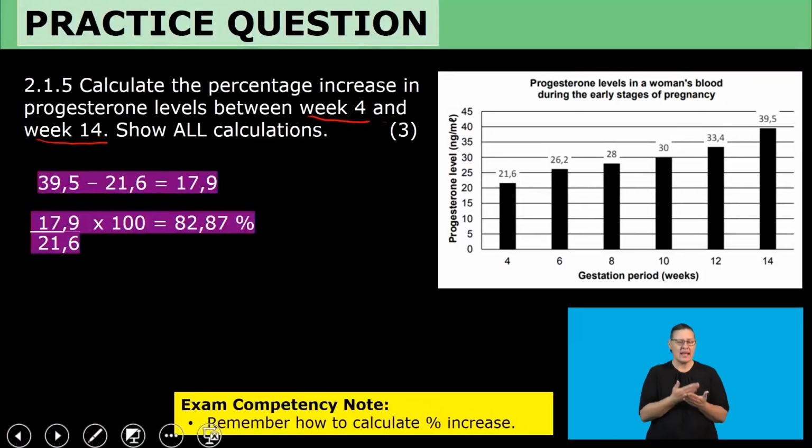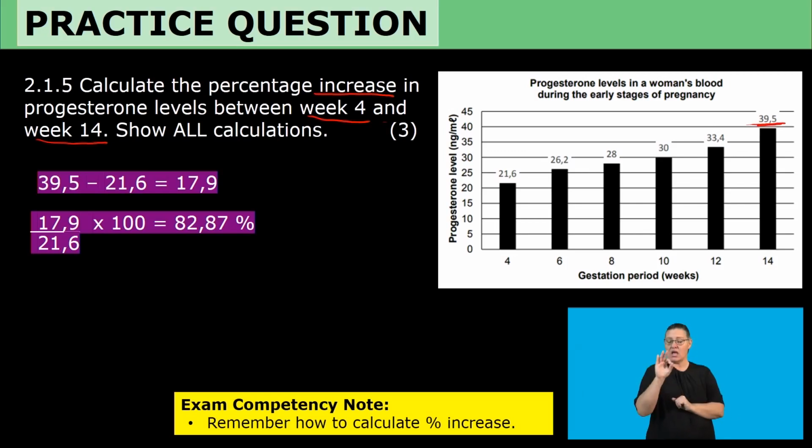So in order to get the percentage increase, you are going to look at our new value. Here's the new value here on the graph, which is 39.5. We subtract our old value, which is 21.6, from it, and that equals 17.9. This is now the difference. But we are not looking at the difference. Therefore, we take 17.9 as the answer after the subtraction.